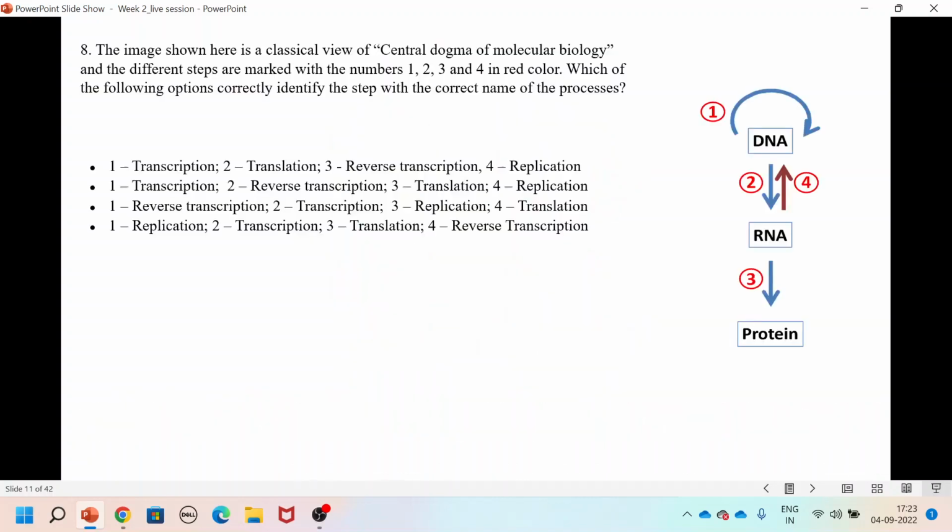So the next question is related to the central dogma. The image shown here is a classical view of the central dogma of molecular biology, and the different steps are marked with the numbers 1, 2, 3, and 4. Which of the following options correctly identifies the step with the correct name of the process?